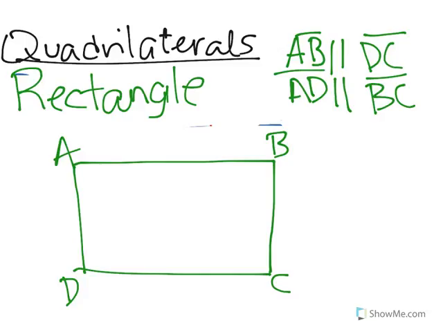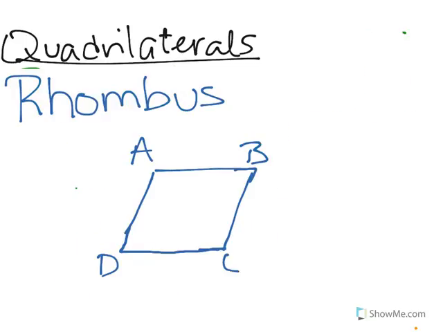AB is congruent to DC, meaning they have the same length. AD has the same length as BC. I put two lines on AD and BC because they are equal to each other, and they're not the same as the other two sides. And you need to know that all the angles are 90 degrees. That's a rectangle.